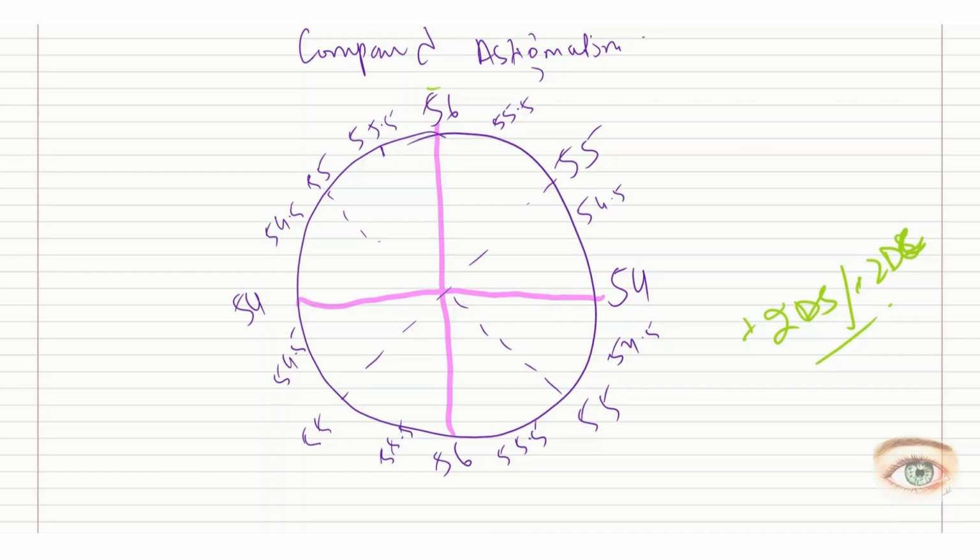So now I have placed a plus 2 diopter sphere, right? Now what will be the power? Here I have 58, right? The patient has become emmetrope at this point. This point is neutralized, right? At this, let's talk about this one.